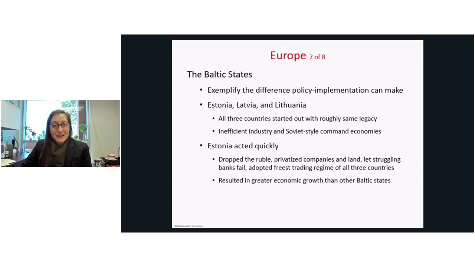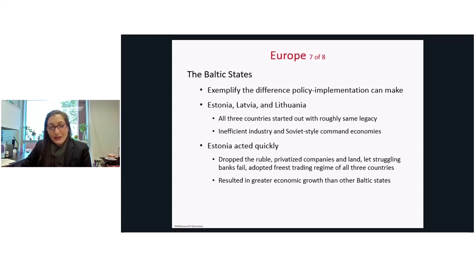Okay, what about the Baltic states specifically? They exemplify the difference in policy implementation, and we can see this in Estonia, Latvia, and Lithuania. All these three countries started out with roughly the same legacy, but inefficient industry and Soviet-style command economies has seen a variation across the three.